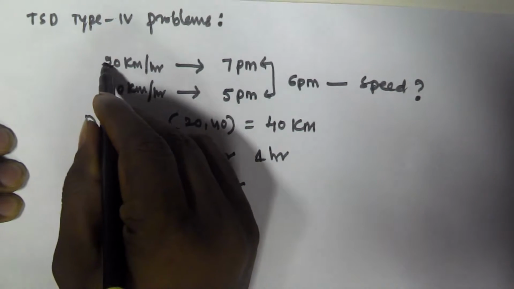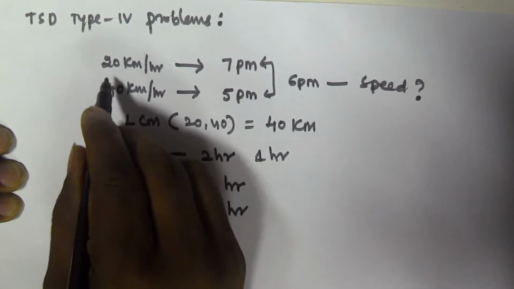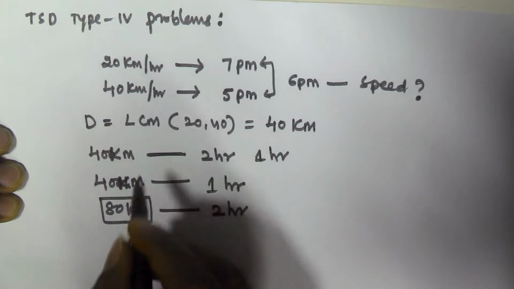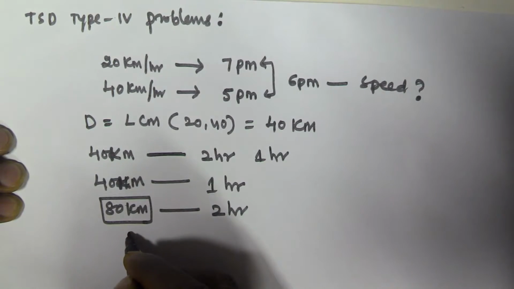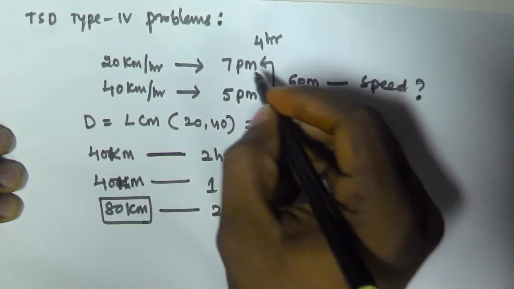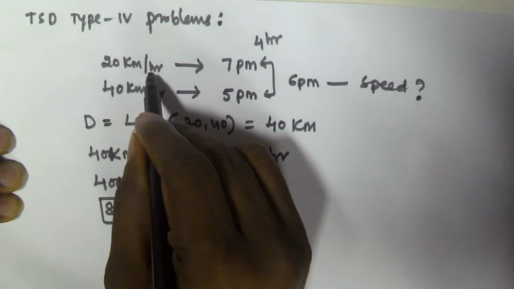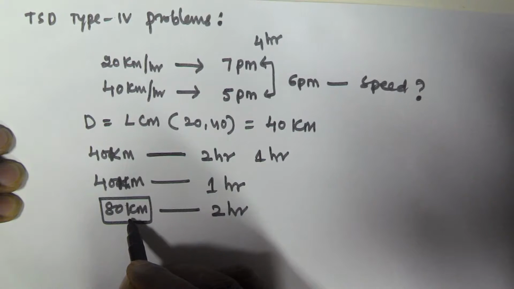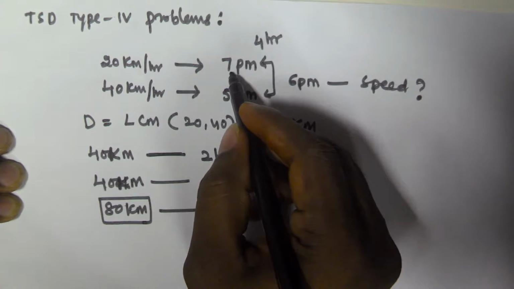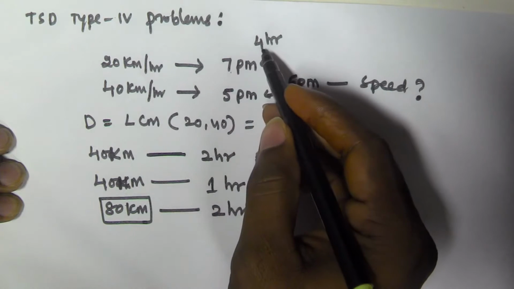On the first day he is traveling with 20 kilometers per hour. To cover 80 kilometers, he has to travel 4 hours. So that means he is traveling with 20 kilometers per hour, traveled 80 kilometers and reached at 7 p.m., and his travel duration is 4 hours.